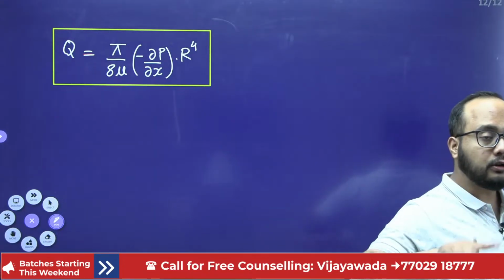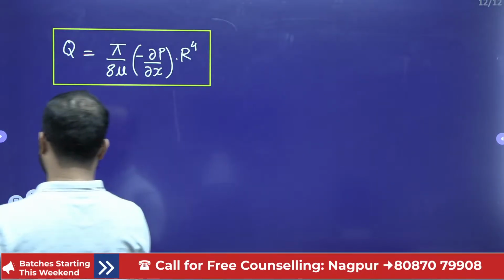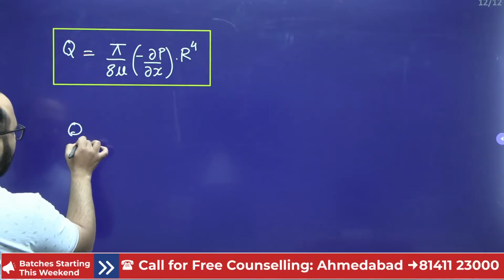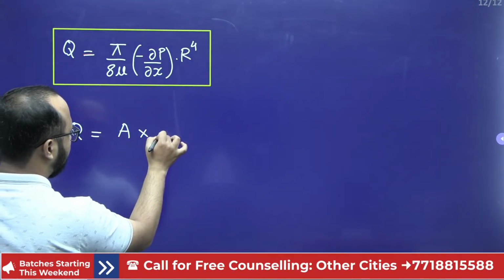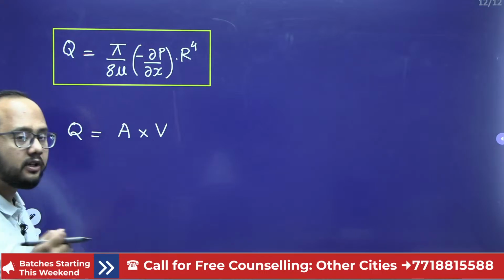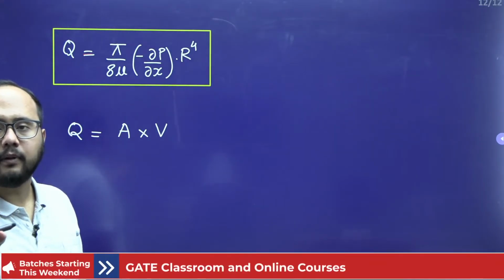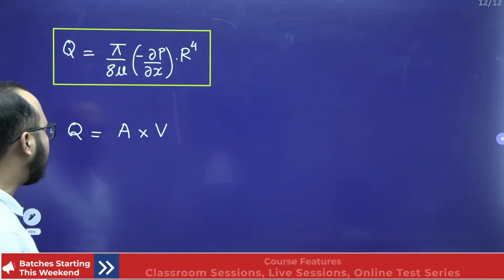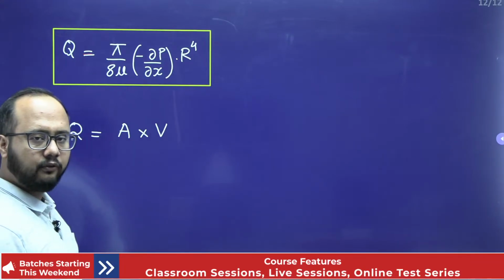Now, through this discharge, we are able to calculate the average velocity, because I hope you remember this formula, discharge is equal to area into velocity. So that velocity is the average velocity. Always remember, in the formula area into velocity, velocity should be average velocity. So we got the total discharge value, area we know, we'll get the average velocity from this one.